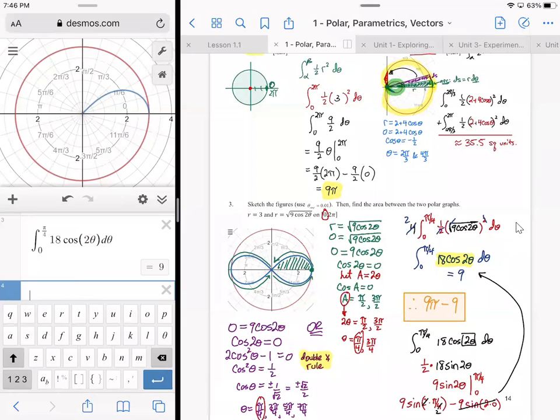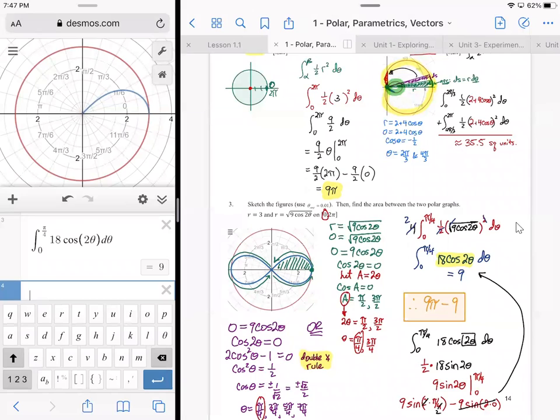If you use Desmos, just be mindful of the instructions, because some will say you can use any technique you want, and some of them are going to say you have to do this one by hand. So just read the instructions and you'll be fine, at least in terms of what the expectations of the questions are.